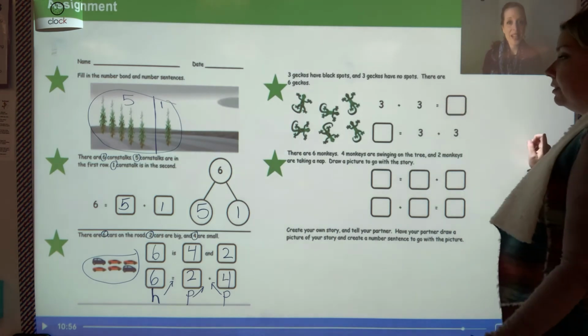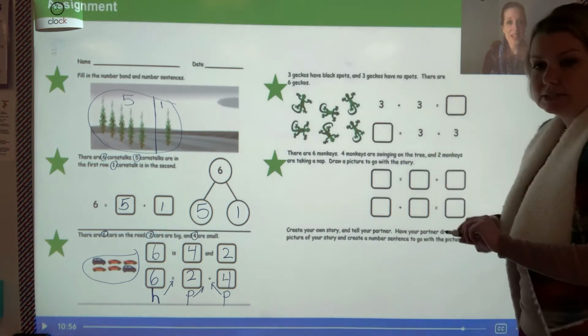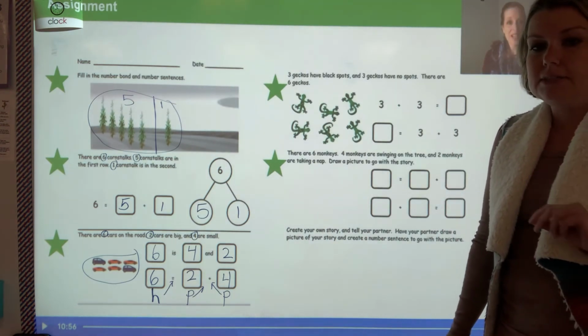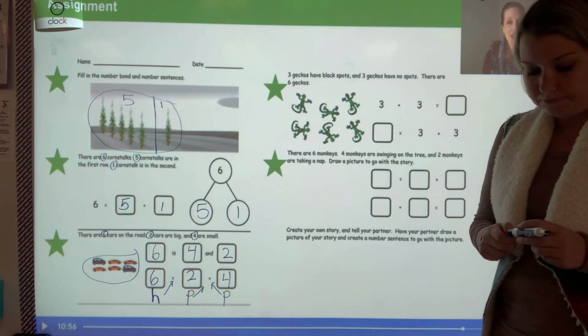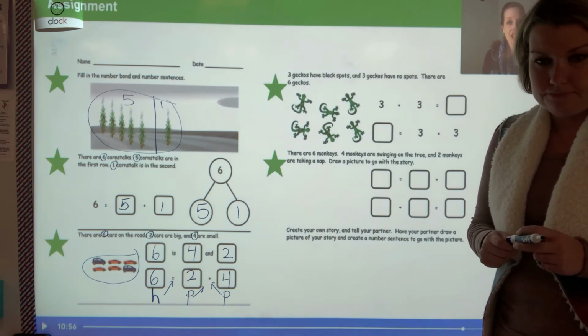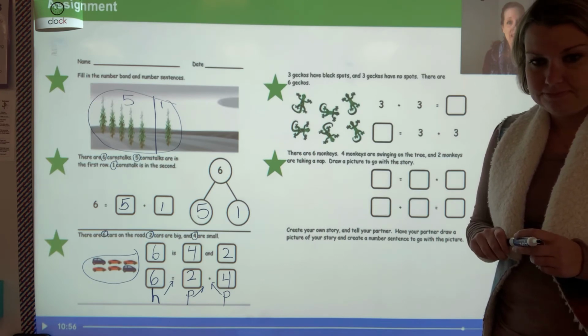Let's remember, where do our parts go? Our parts go, Landon, where? They go.